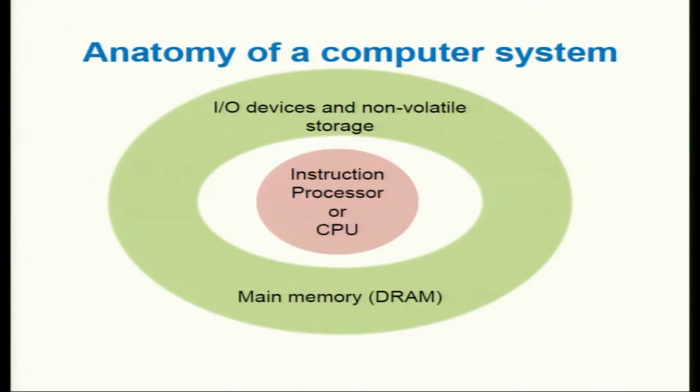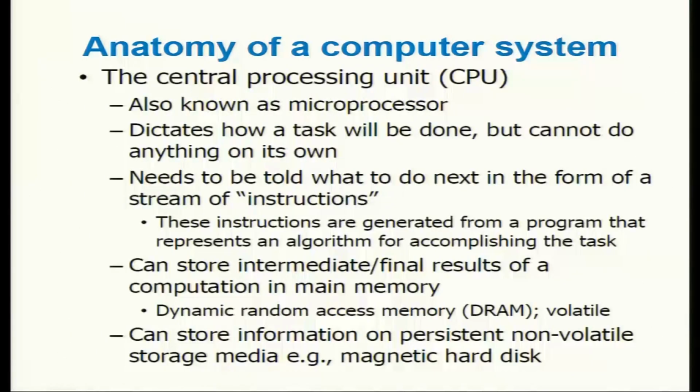And this is what a computer system looks like. All of us know. At the center, we have this instruction processor or the central processing unit. And surrounding it, we have I/O devices, non-volatile storage, and the main memory, which is the dynamic random access memory. So this is typically what a computer looks like.